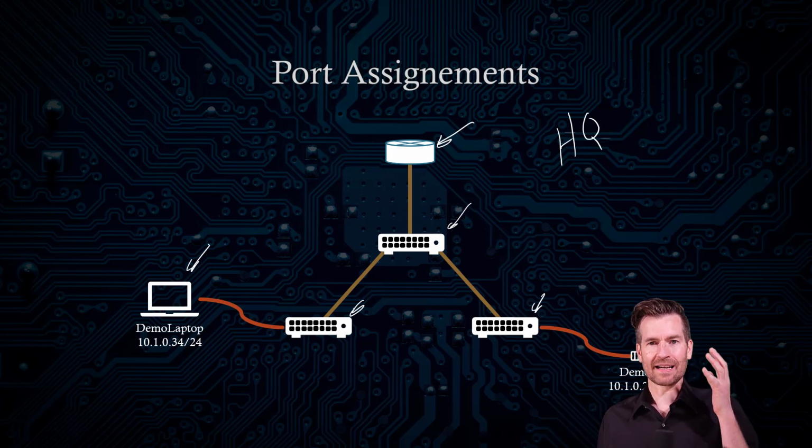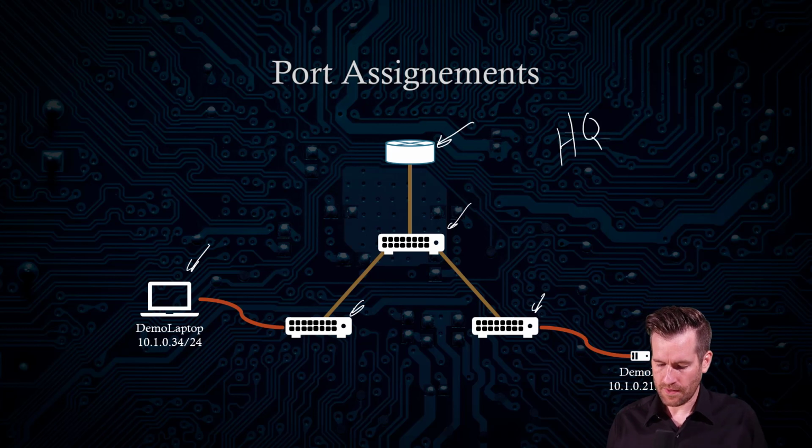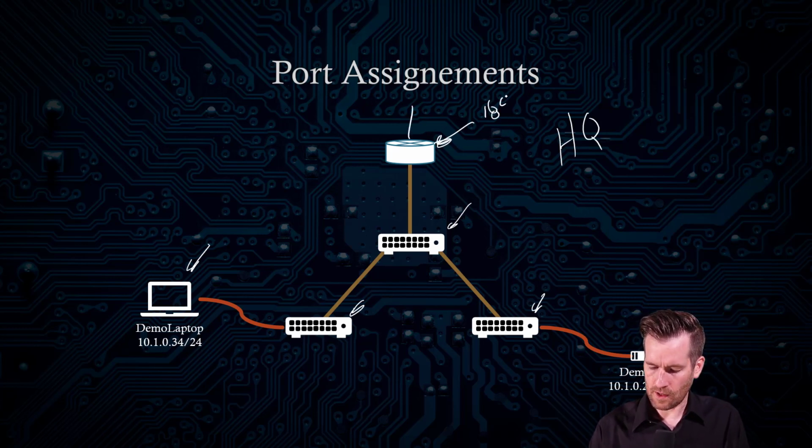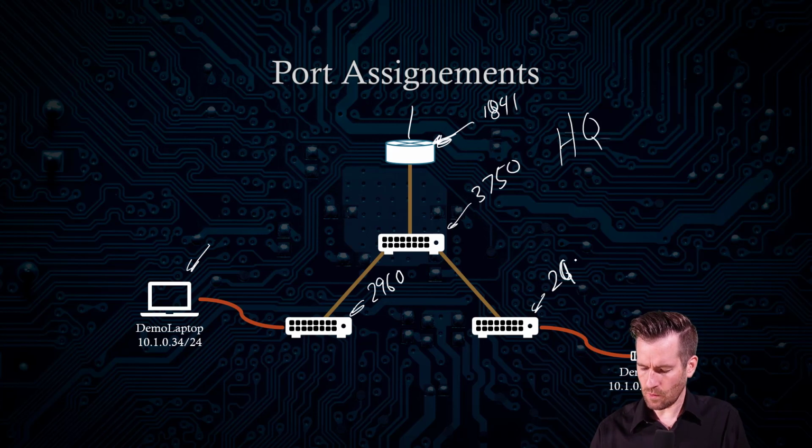All right, let's talk about ports. So this router right here is a 1841 that we're going to be working with. This switch right here is a 3750. And these 2 switches are 2960s. So each one of these devices is set up a little different, and we'll take a look at those configurations.